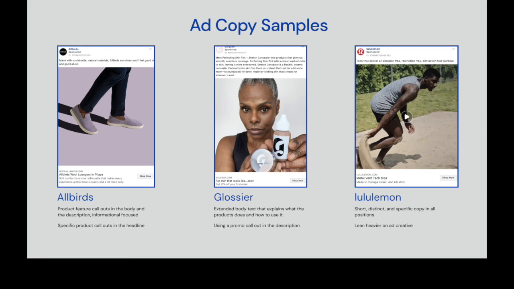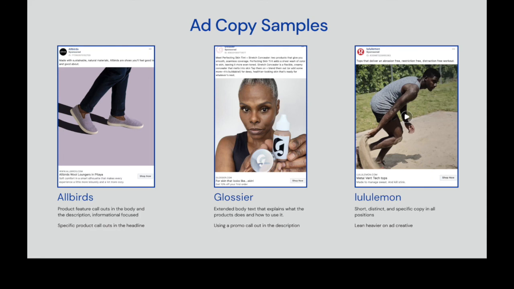Their body text is talking about how they make their products. So they mention sustainable, they're talking about their materials, and the description again is adding more qualifying information. So it's talking about the comfort, it's talking about how it would feel to actually wear this product. So Allbirds is a great example. Glossier does an awesome job with their ads.